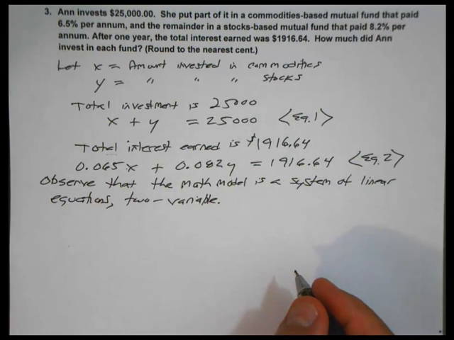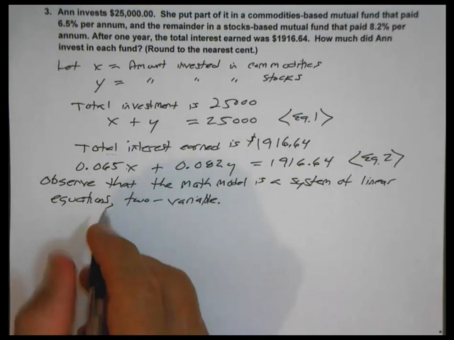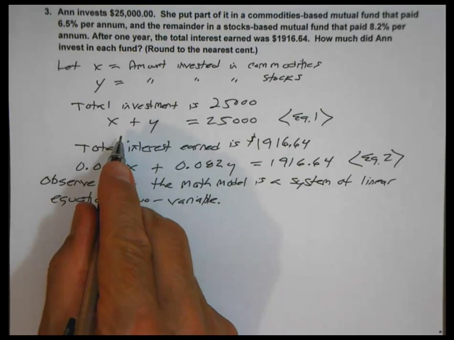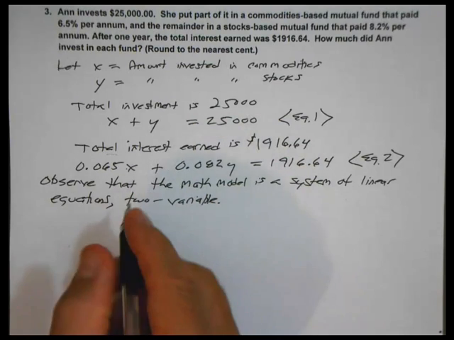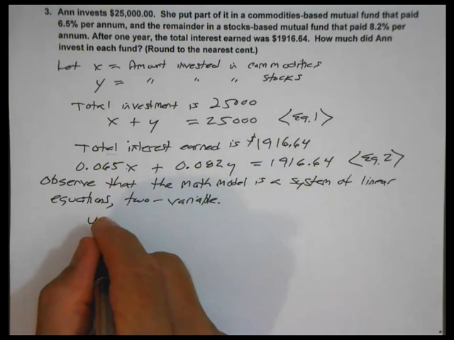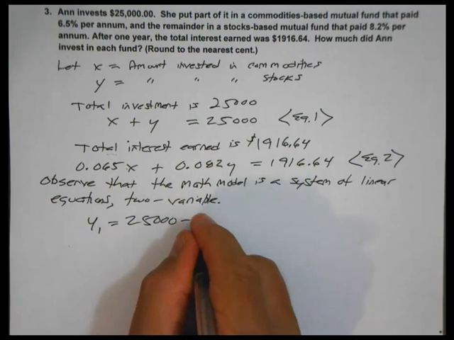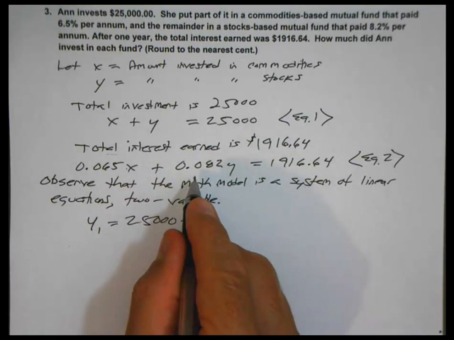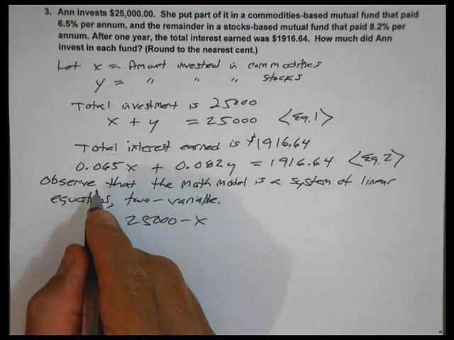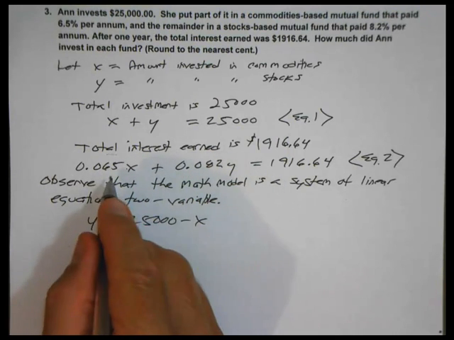Okay, let's go ahead and go with a calculator solution. The numbers look a little messy. So we take equation 1 for calculator usage. Remember, we would solve for y, so in this case it's pretty easy, just subtract x from both sides. We would have y1 equaling 25,000 minus x. In the second equation's case, I was thinking about multiplying to clear these decimals, but I suppose not.